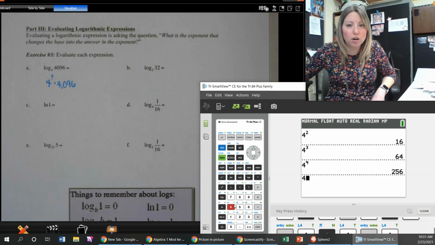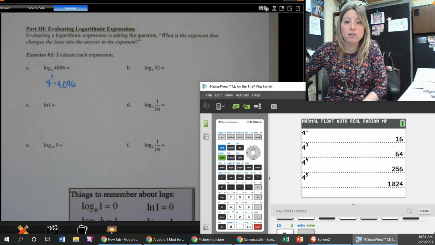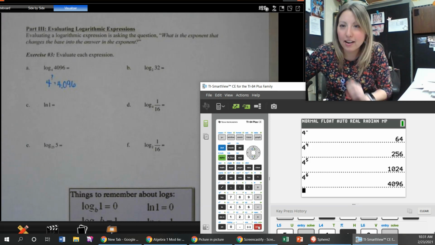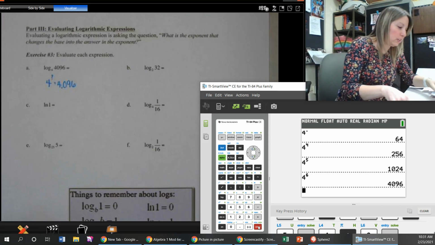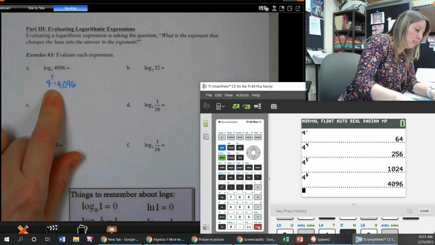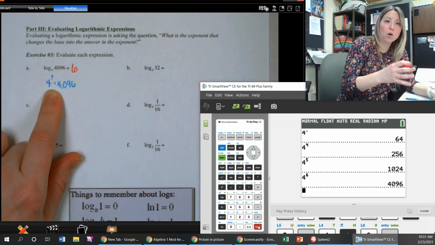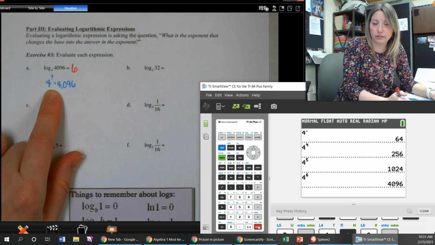Let's keep going. 4 to the 5th power is 1,024. Now 4 to the 6th power, aha, there we are. So the answer here is 6. 4 to the 6th power is 4,096.